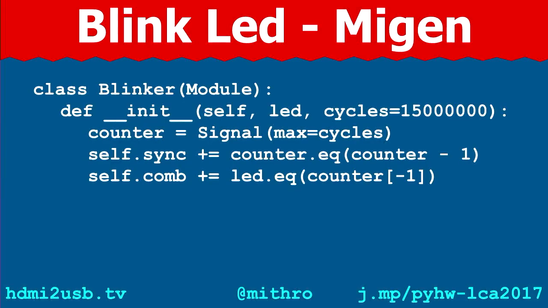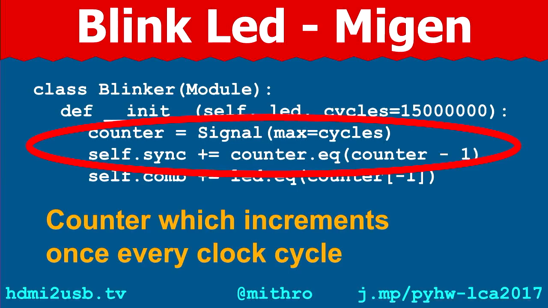So this is a blinking module written in MiGen. The first thing is there's a counter which decrements every clock cycle. So you can see the sync statement, counter equals counter minus 1. So every time our clock ticks, it goes down by 1. And when it gets to the bottom, this being hardware, it just wraps around and keeps going.